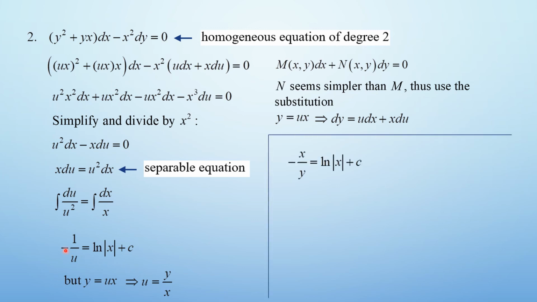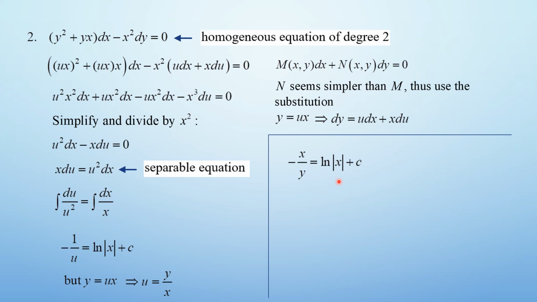Right, so negative 1 over u is the same as negative 1 over y over x, which is the same as negative x over y, equals to ln of absolute x plus a c. Okay, now this is the solution for the homogeneous equation, but this solution is in implicit form.